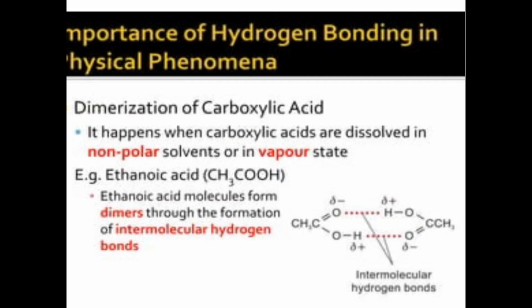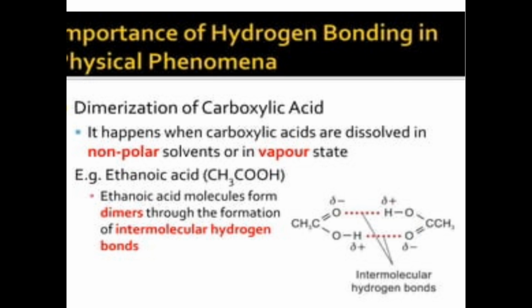So let's look at another importance, that is in dimerization of carboxylic acid. Dimerization usually occurs when carboxylic acids are dissolved in a non-polar solvent or they are in the vapor state. An example is when ethanoic acid molecules form dimers through the formation of intermolecular hydrogen bonds.